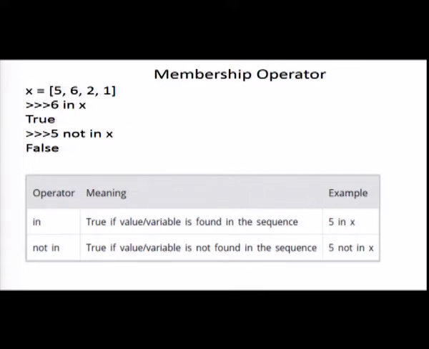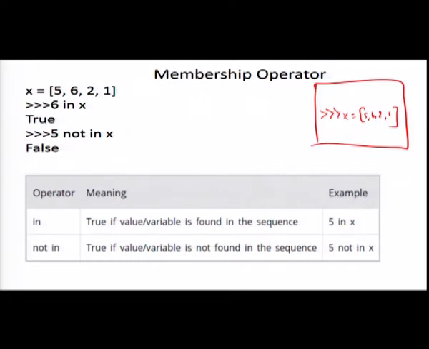So, this Python ideally will have a white background with three greater than symbols. Here you type something, right? My example here is x equal to 5, 6, 2, 1. I am going to check whether a number is available within this list.